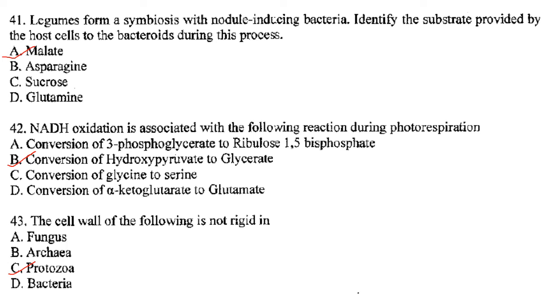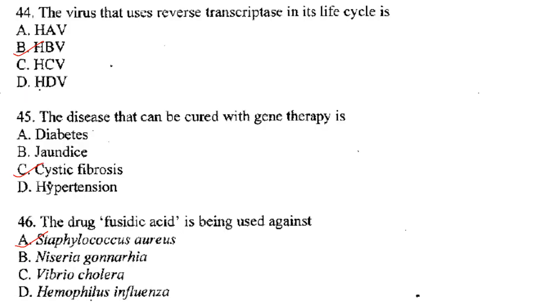Then the next one. The cell wall of the following is not rigid in protozoa. Answer is option C. Then the next one. The virus that uses reverse transcriptase in its life cycle is hepatitis B virus, HBV, which uses reverse transcriptase during its replication. So HBV is the answer.